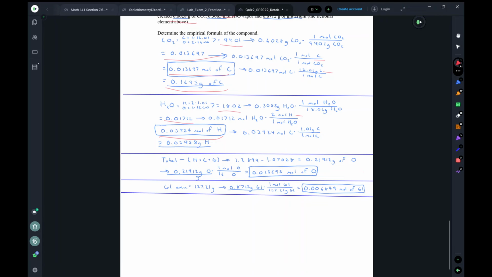And again, I times that by the molar mass of hydrogen, which gave me a total of 0.03458 grams of hydrogen produced from the combustion.